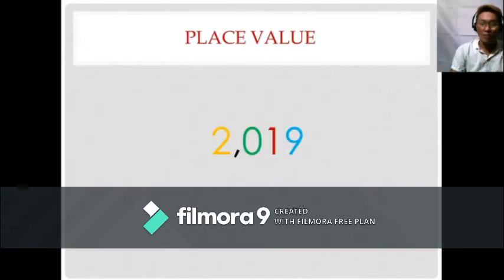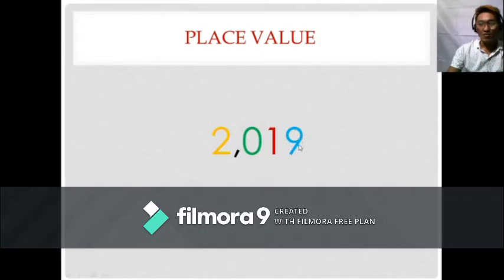Okay, now place value. I will show you the four-digit number here. We have 2, the yellow one, 0, the green one, 1, the red, and 9, the blue. So, I give you some tips. When you identify the place value, first you look at the number at the right side.